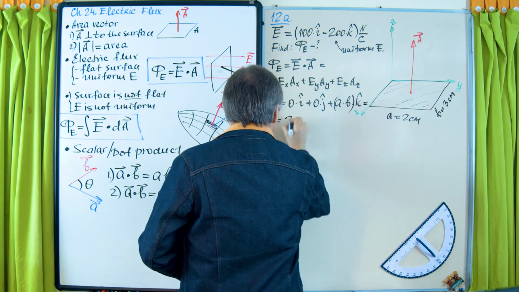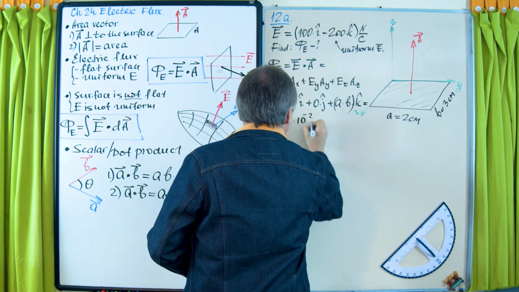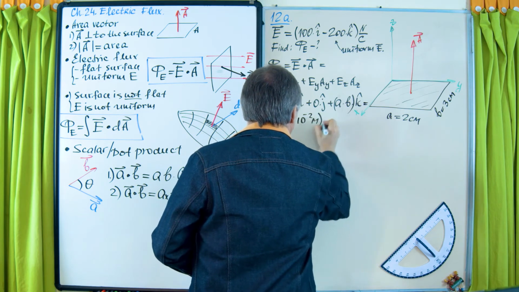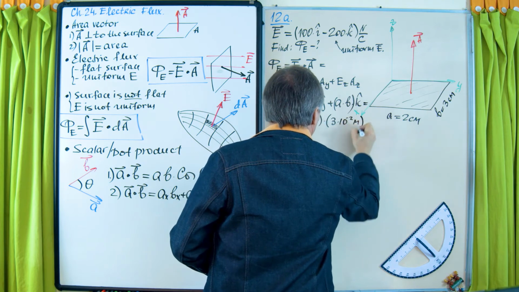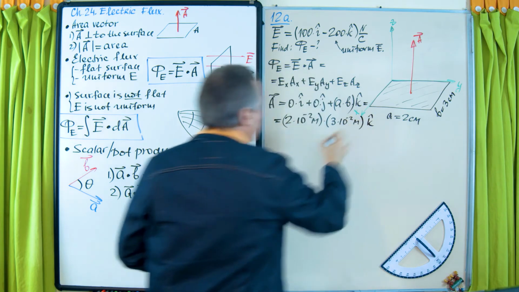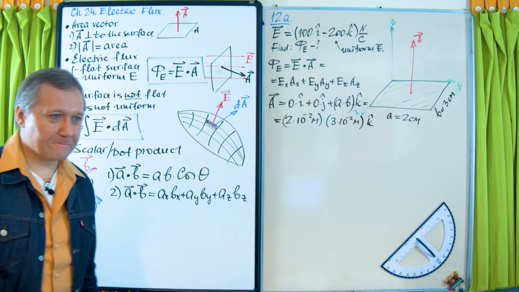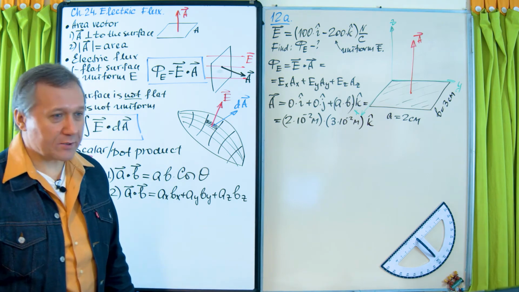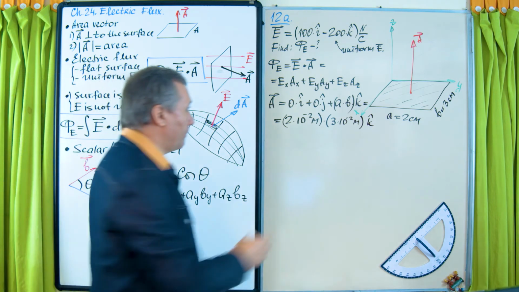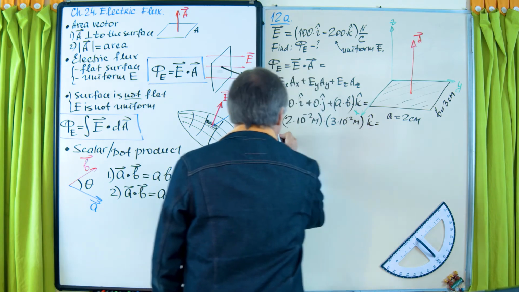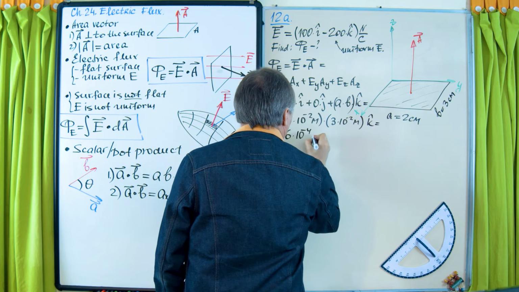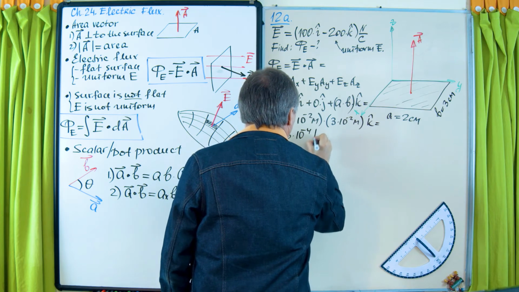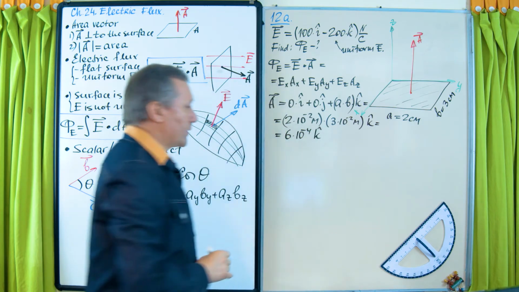So it will be 2 times 10 to the power of minus 2 meters times 3 times 10 to the power of minus 2 meters, in the k hat direction. So it will be 6 times 10 to the power of negative 4, in the Z direction, k hat.